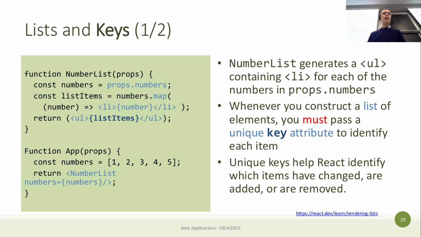So basically, if you pass an expression which is an array, like this list items, this is an array because it's the return value of a map.